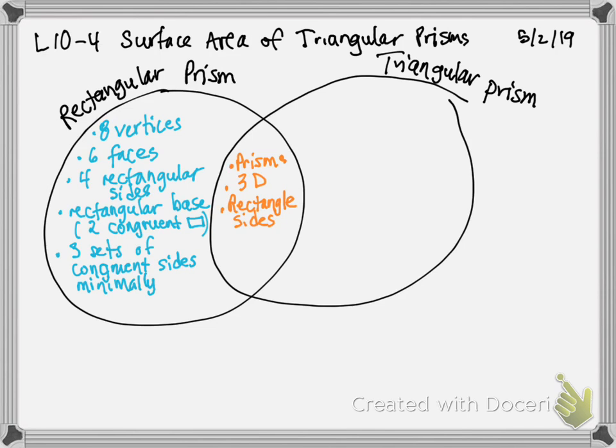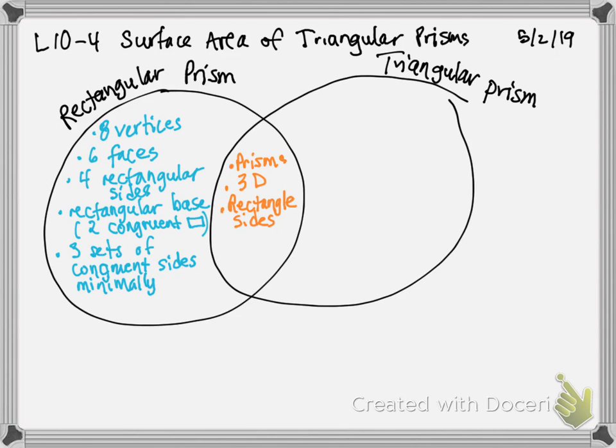If we have 2 dimensions that are the same, then we're not going to have 3 sets of congruent sides. We would have 2 sets. Okay, and that happened on some of your prisms with nets that we turned into prisms, is that we had 4 sides that were the same and the 2 flaps were different.